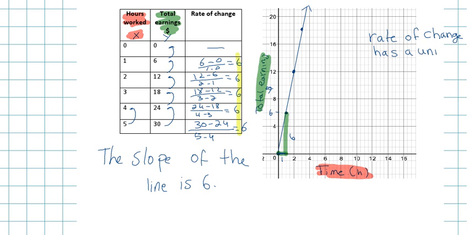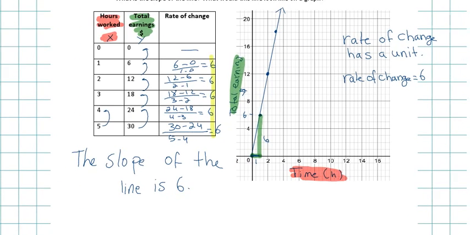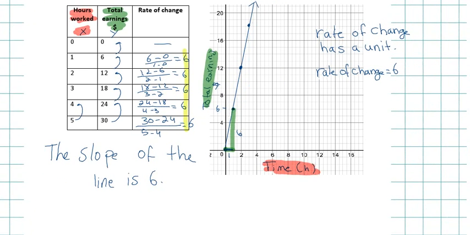So my rate of change here is 6. But 6 what? Dollars per what? Per hour. Exactly. So the rate of change is $6 per hour.